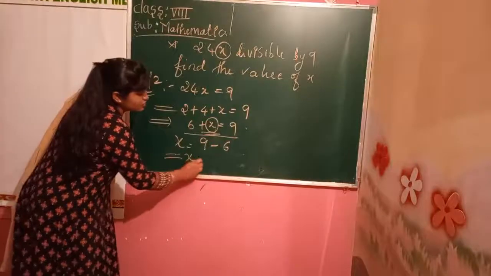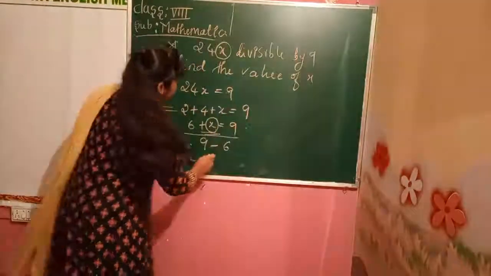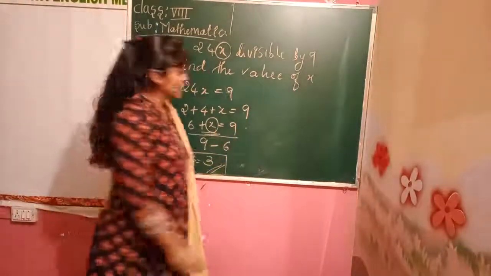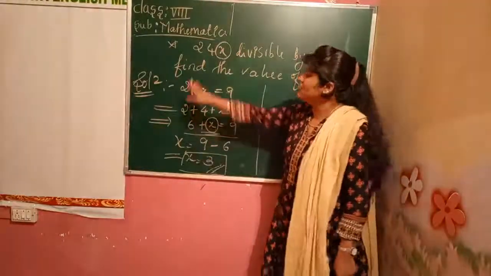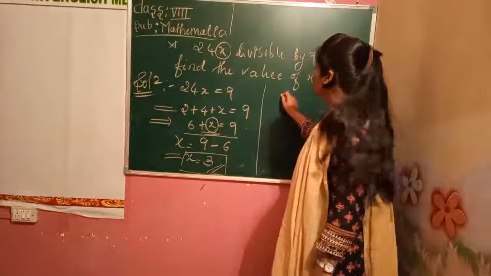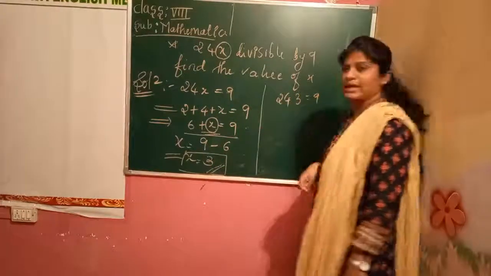Now x is equal to how much? 9 minus 6 will be 3. Yes, we got the answer, the x value is 3. Now we put this value in the equation. We get 24x with x as 3, so 243 is equal to 9.